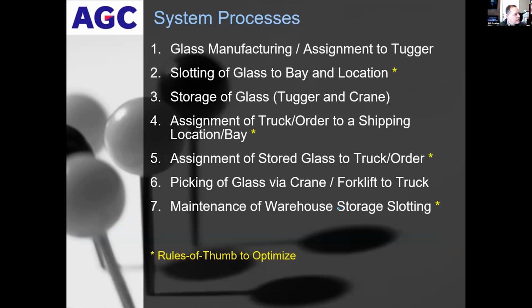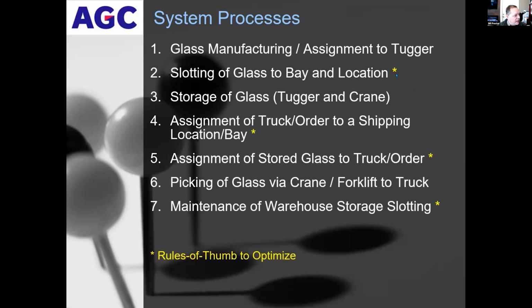Okay, so it's a pretty straightforward process. As Scott mentioned, they're manufacturing glass. Glass is being manufactured at different float lines. It's being assigned to a tugger to deliver it to a storage location as a sling.